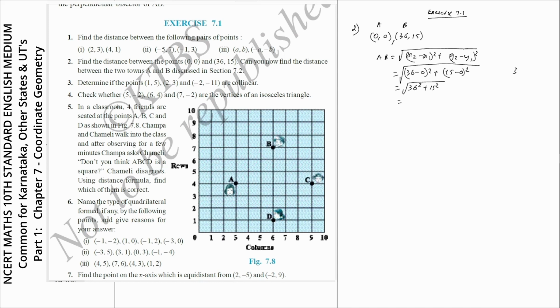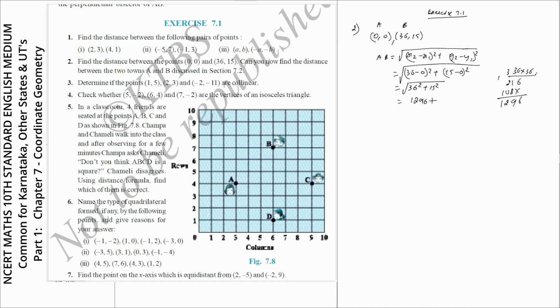Now 36 square is 36 into 36, which is 1296.